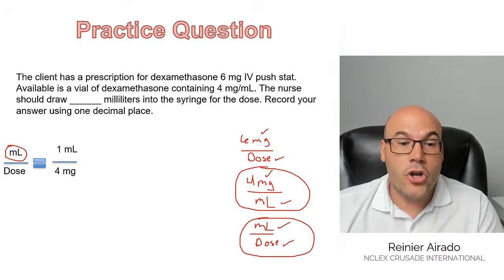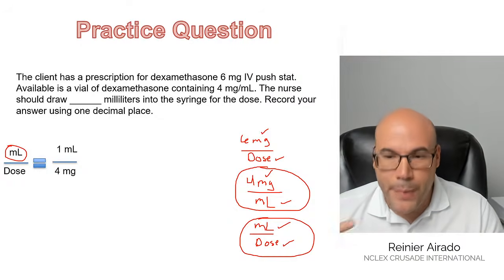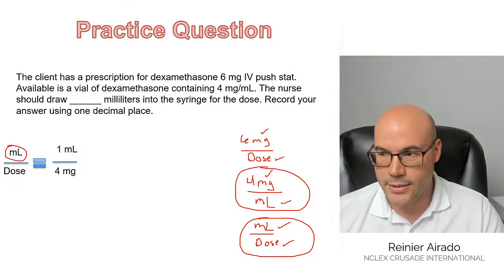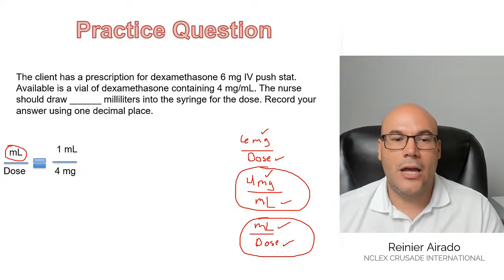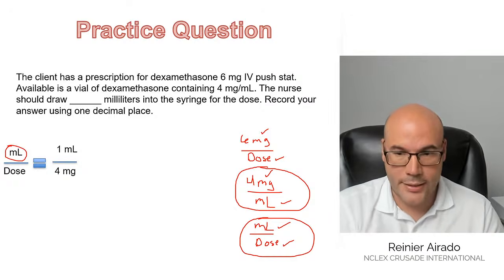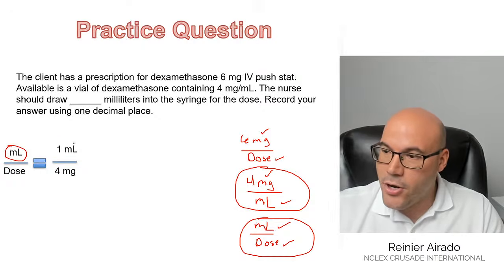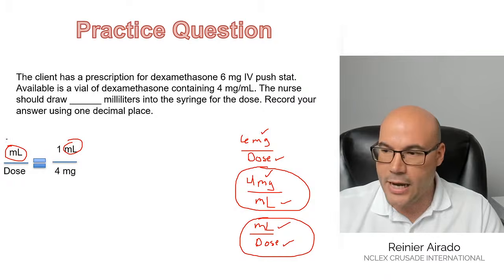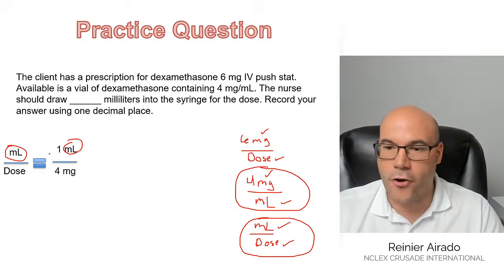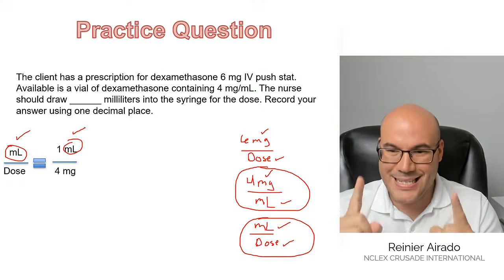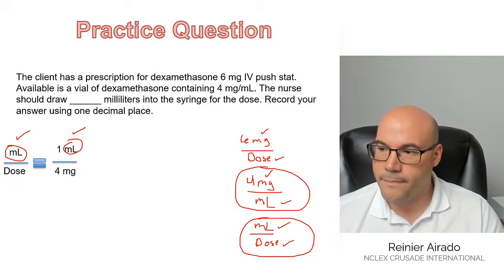In this scenario, you have to respect the steps of the dimensional analysis strategy. All you have to do is learn it. Don't question it, learn it. So now we have milliliters in the numerator in both the question and the first fraction. You see, milliliters, milliliters. They are the same in the numerator.